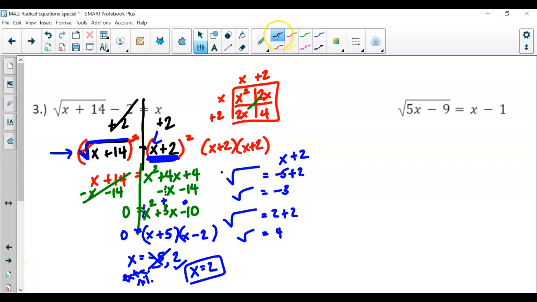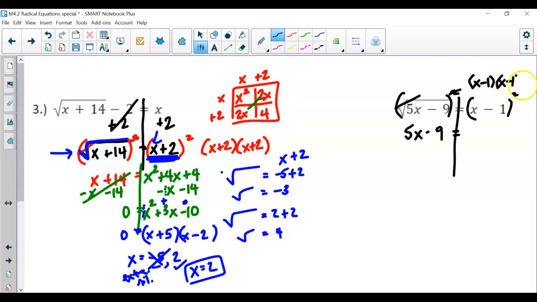And here we go. Now, the radical was by itself, so you had to just go right on into squaring both sides of the equation. So now here I've got 5x minus 9 is equal to, now, remember, this is the same as x minus 1 times itself, x minus 1.